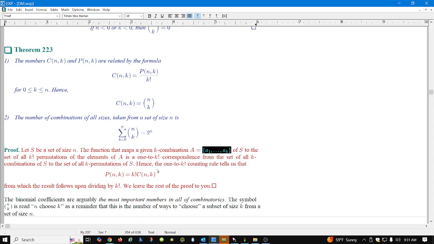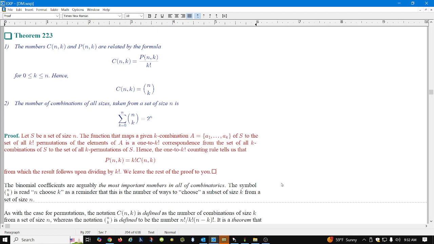So the 1 to k factorial counting rule tells us there are k factorial times as many permutations as there are combinations. Then we divide by k factorial.